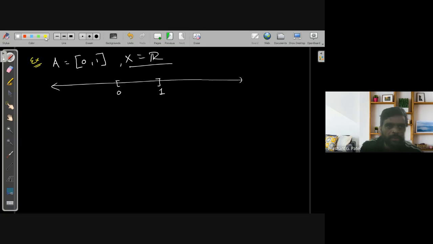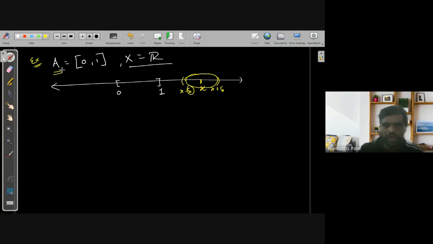For example, I will pick any point outside this interval. Let's say this point is X. Can you draw one neighborhood of this, X minus delta to X plus delta? What should be the value of delta you can choose so that this interval's intersection with A is empty?